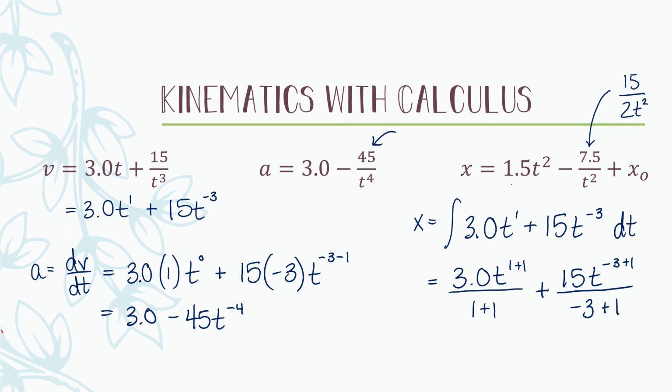And then again, plus our initial position. So that simplifies into our expression that we see, 1.5 t squared minus 7.5 times t to the negative 2, or again, you could write it as 7.5 divided by t squared, or 15 divided by 2t squared, and then plus our initial position.